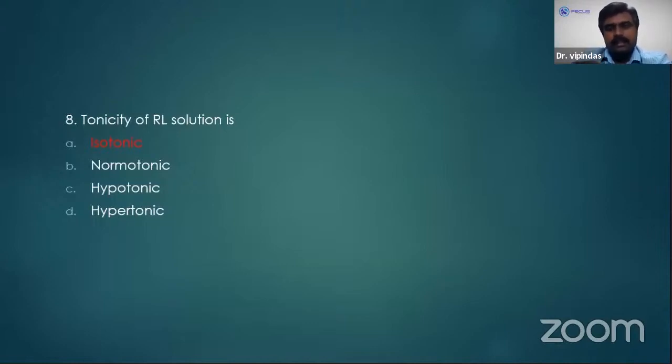Ringer's lactate is actually isotonic, not hypotonic. So the tonicity of Ringer's lactate solution is isotonic.